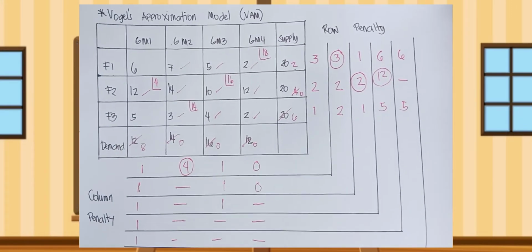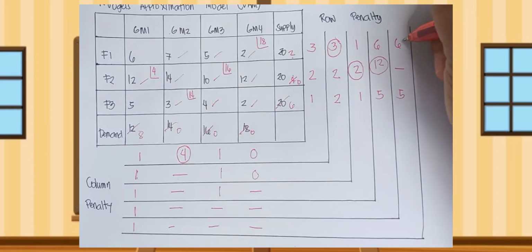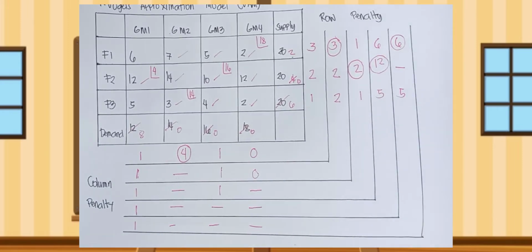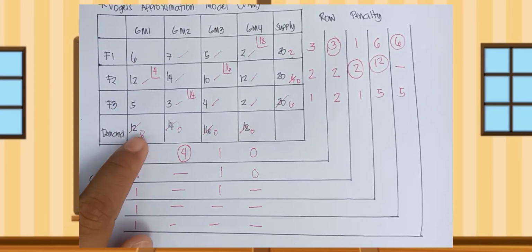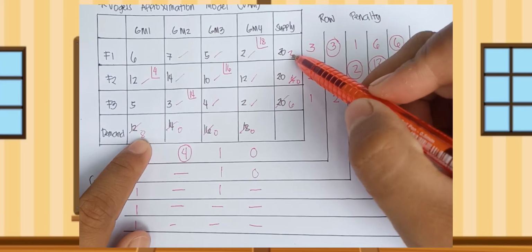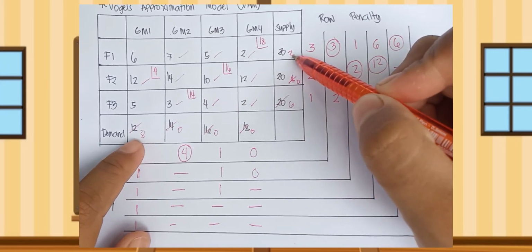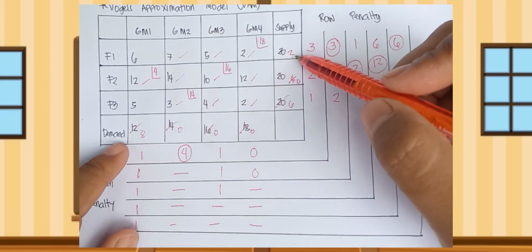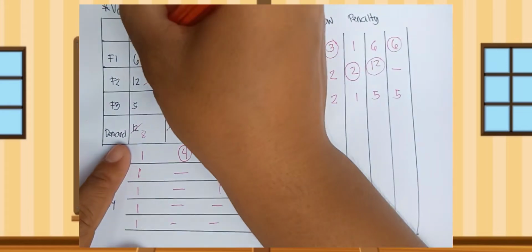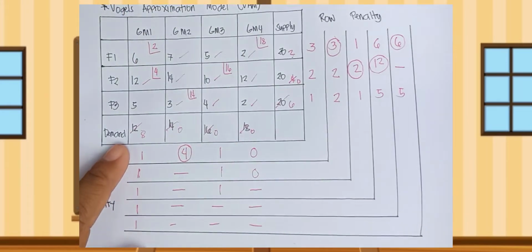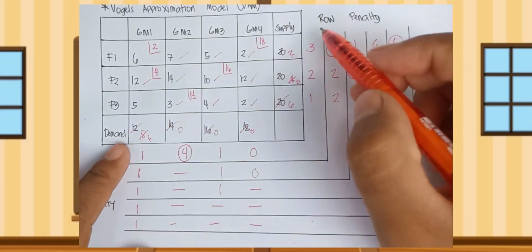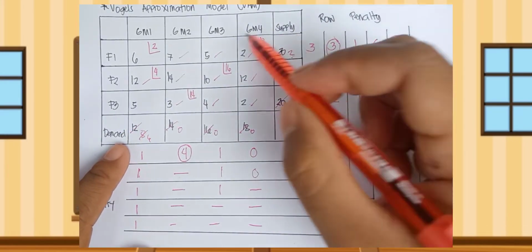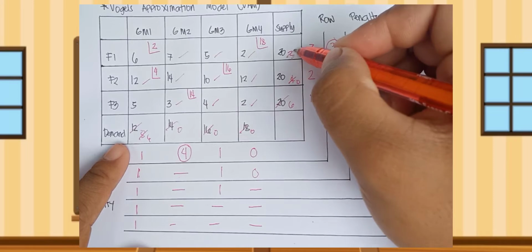Then after that, the biggest number is 6. So in the first row, we have a demand of 8 and a supply of 2. So we will put number 2 because 2 is the minimum cost. So 8 minus 2 is 6. And then the supply is 2, so 2 minus 2 is 0.